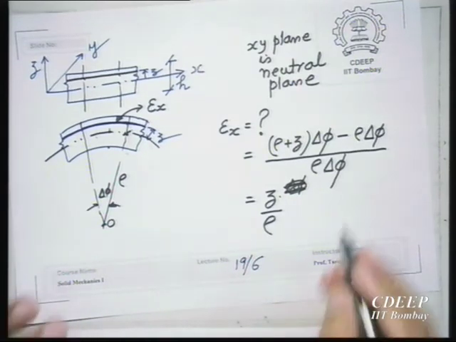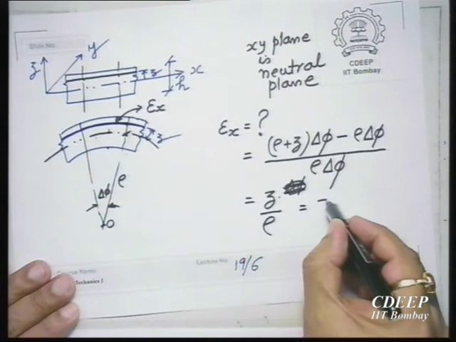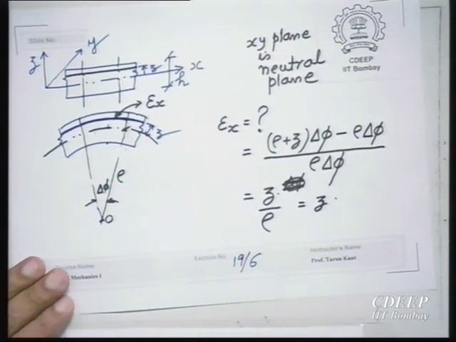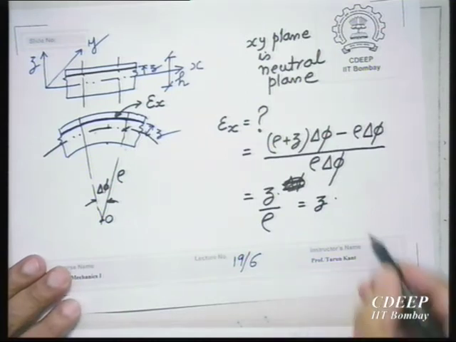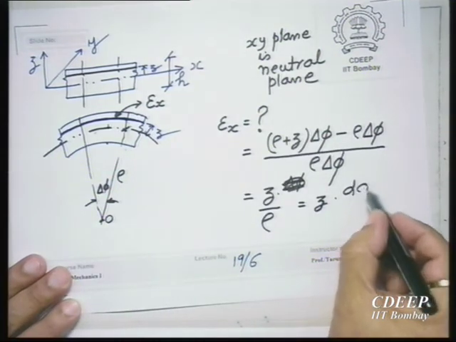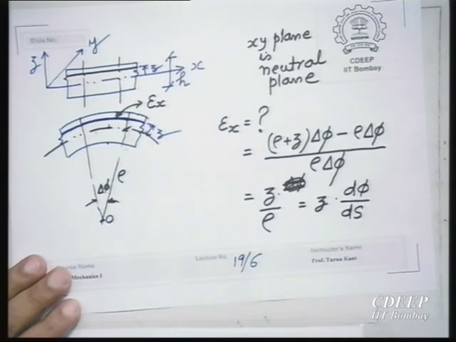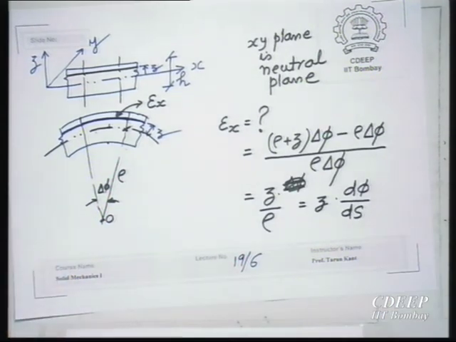Now, I can also write this as z times curvature, and curvature is equal to d phi by ds. So, I have derived a relationship for strain, and we have realized that yes, strain varies linearly.